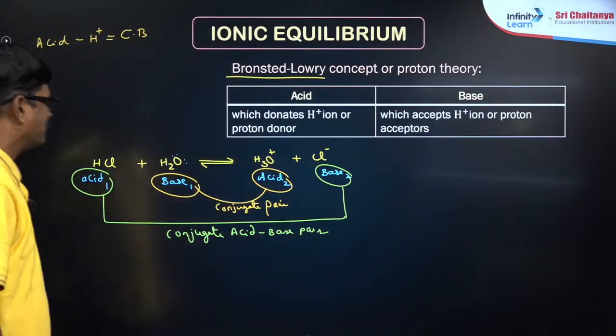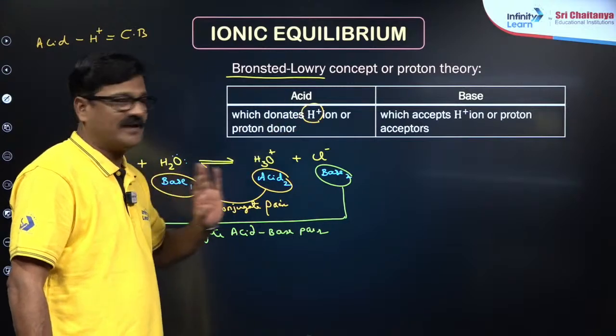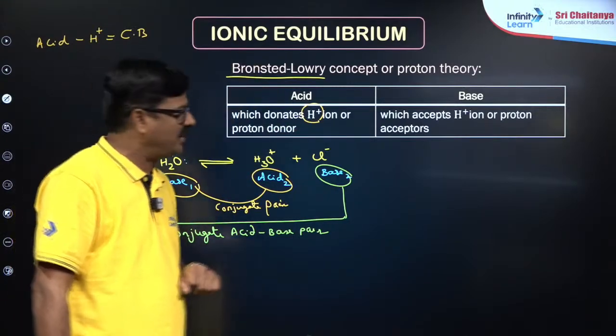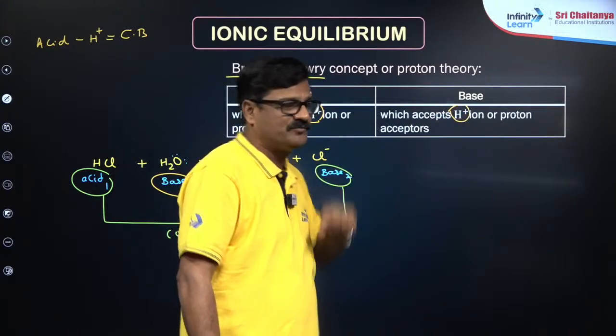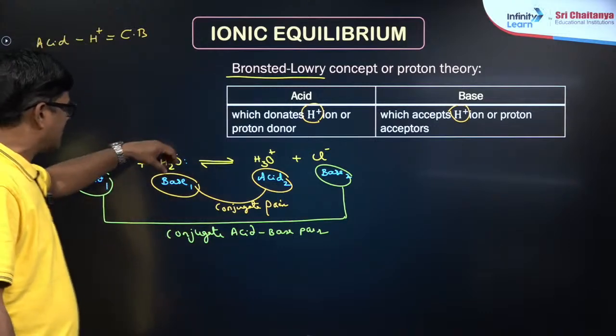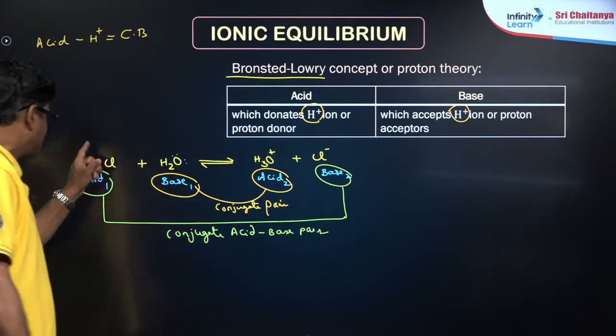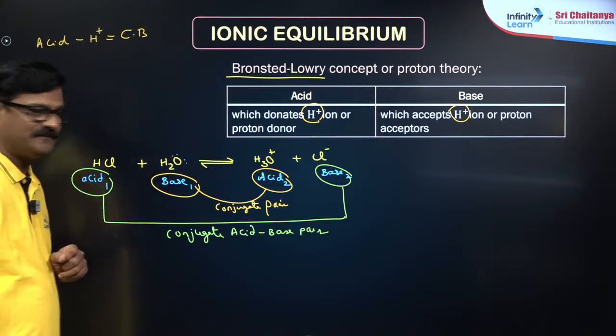Right. You can say an acid is a substance which donates H plus according to this theory, and a base is a substance which accepts H plus. To explain that, HCl is dissolved in the water, so that H plus from here is donated, so it is said to be an acid.